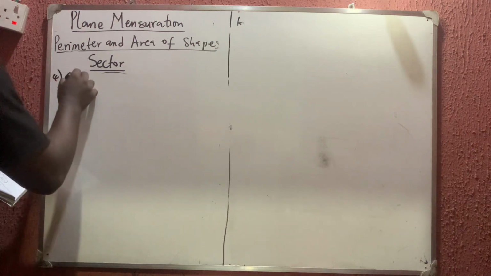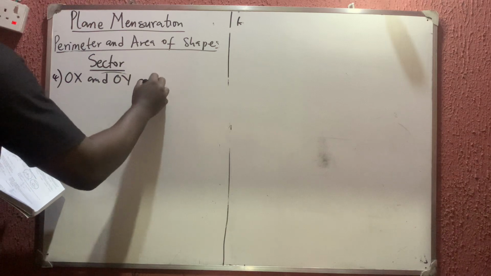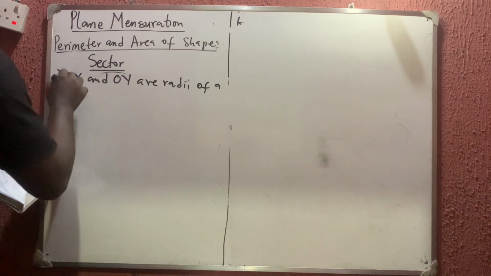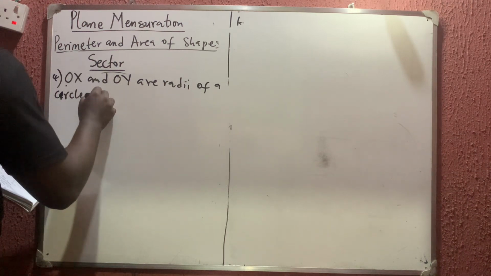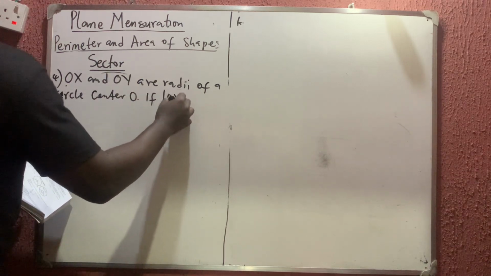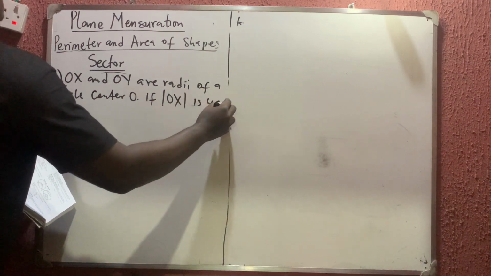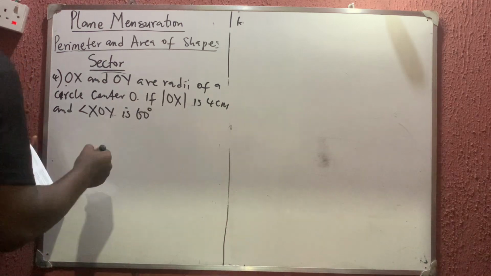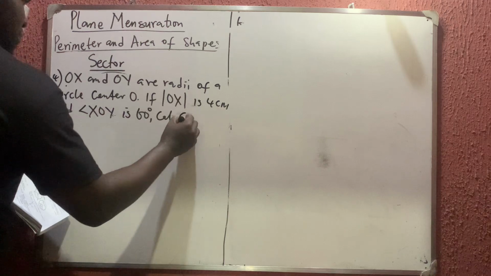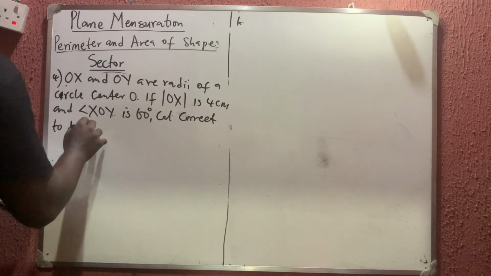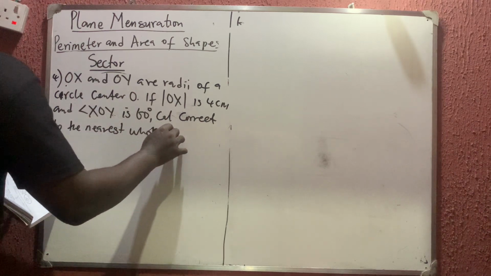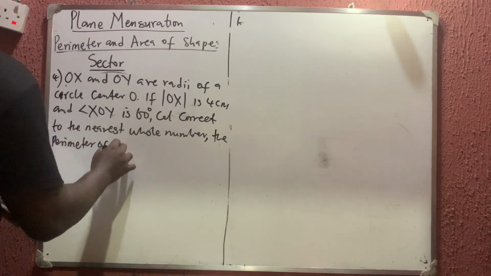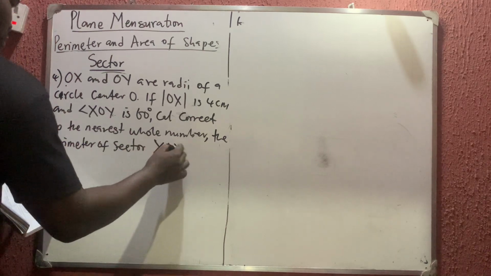Question number 4, we have that OX and OY are radii of a circle center O. If line OX is 4 cm and angle XOY is 60 degrees, then we should calculate, correct to the nearest whole number, the perimeter of sector XOY of the circle.